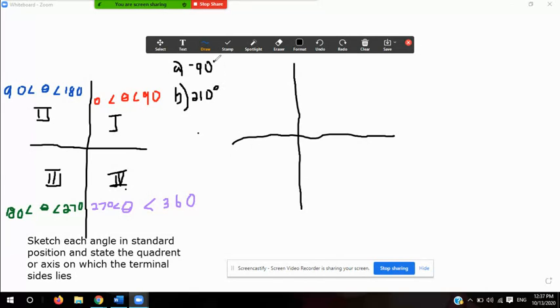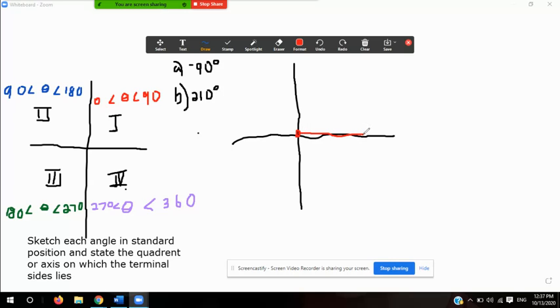So in standard position, the definition says that the initial side must be on the positive x-axis. So let's do A. Let's do negative 90. So here's my origin, and it says that the vertex must be at the origin. So I know I'm going to start here with my initial side.